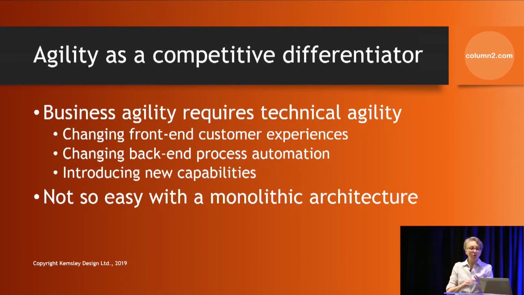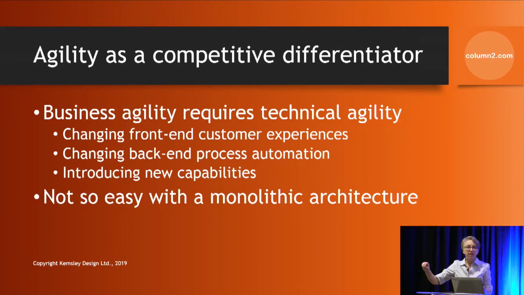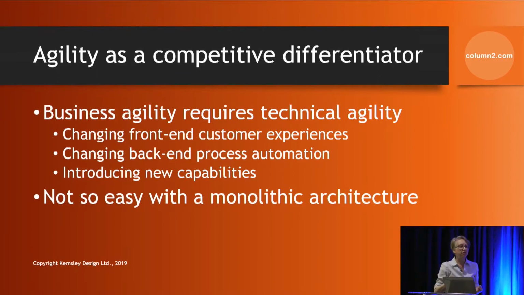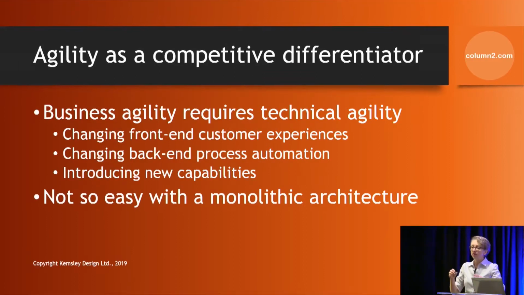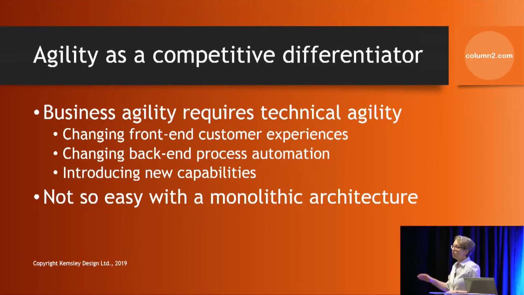So there were all these things around being able to change the customer experience in order to stay competitive. The customers were now judging businesses on different things, not just the old ways that they looked at these businesses, but also around business agility and the business models.